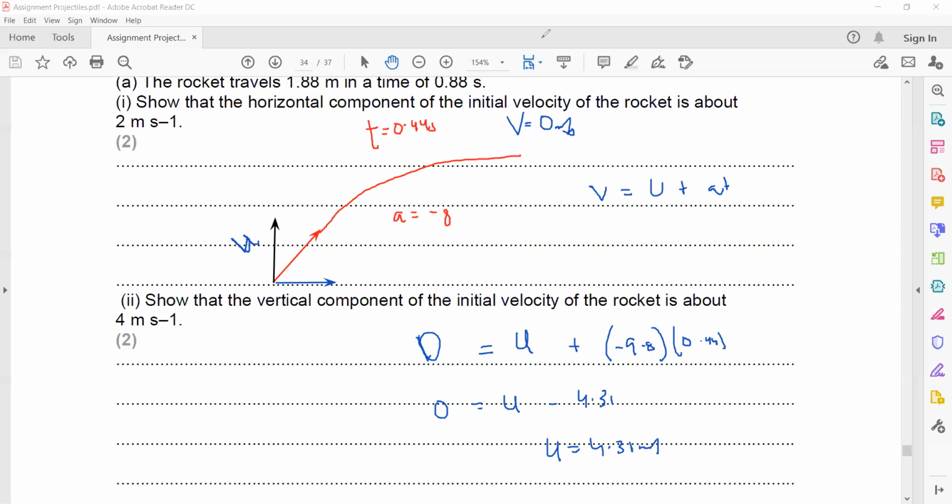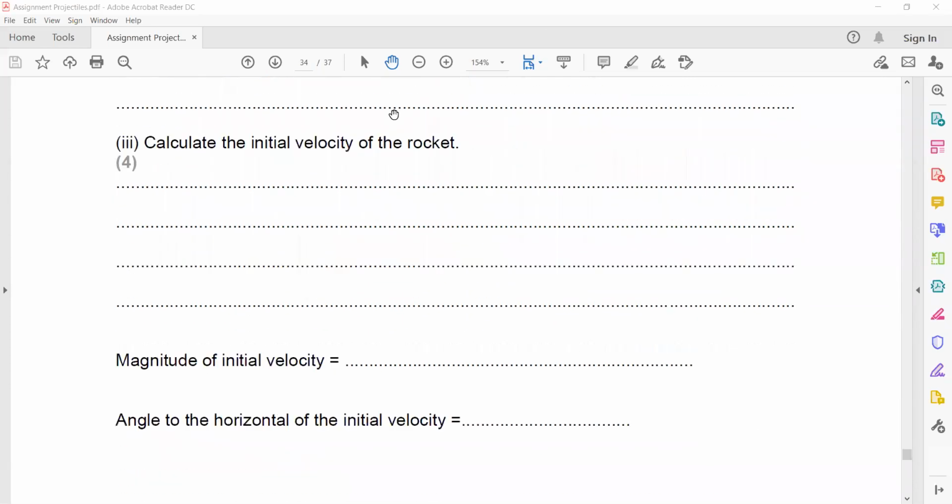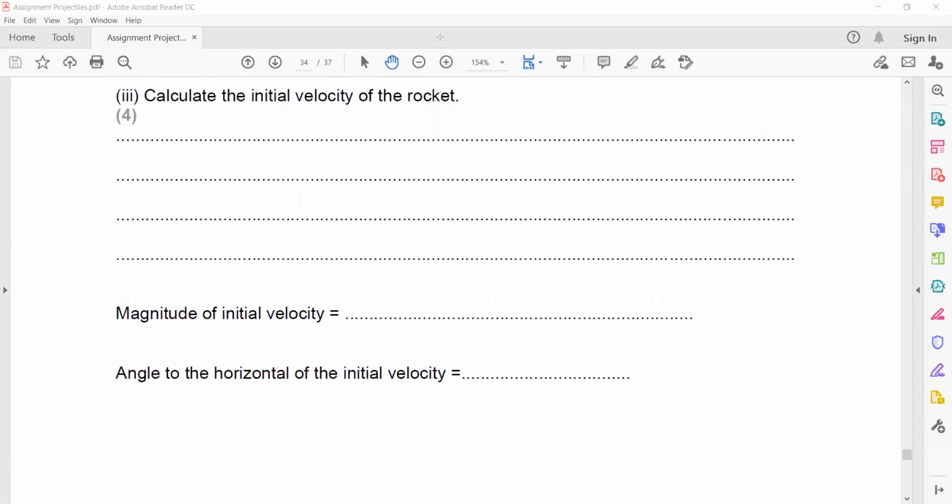In the next part, they ask to calculate the initial velocity. So you just have to use the Pythagoras theorem now. Look, you have the horizontal velocity, that was 2.14.